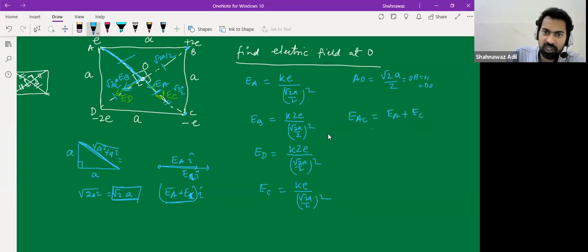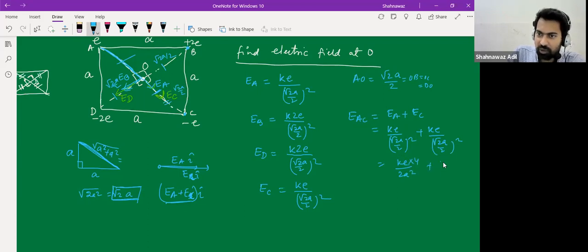Okay, and how much is this? EA is KE by root 2A by 2 square, and this is KE by root 2A by 2 square. So this would be KE, this is 2A square, and this 2 goes in the numerator.